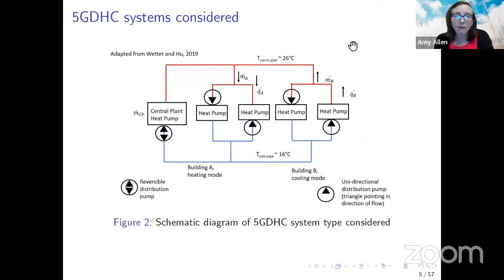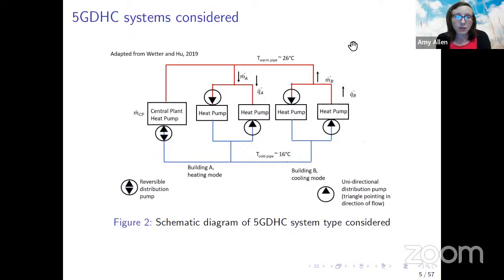In that, if Q dot A here, or the load assigned to building A, is perhaps opposite in nature of Q dot B, meaning that building A is in cooling mode while building B is in heating mode, the combined heat and heat rejection draws from each of those buildings can offset the load on the centralized heat pump and improve the energy efficiency of the system's performance.